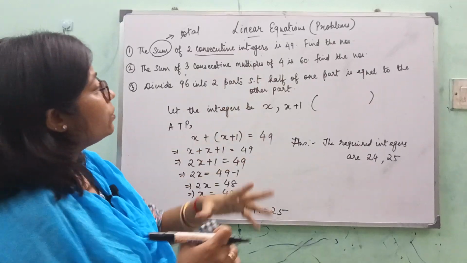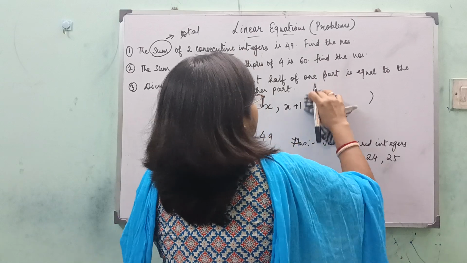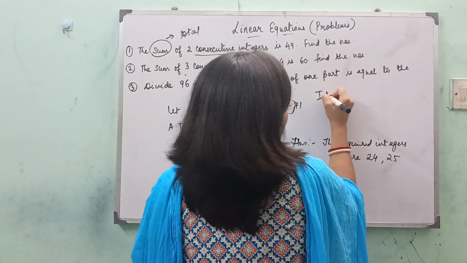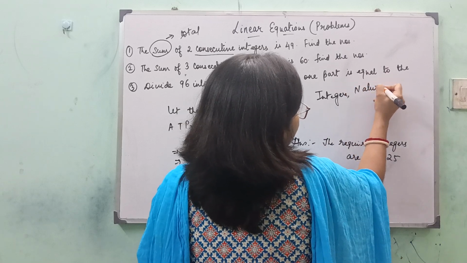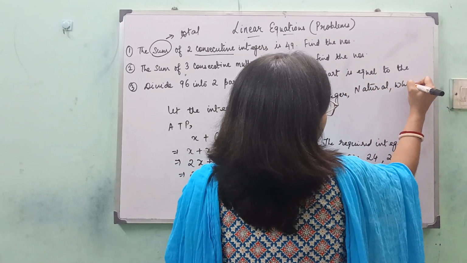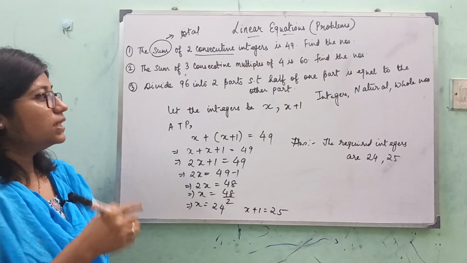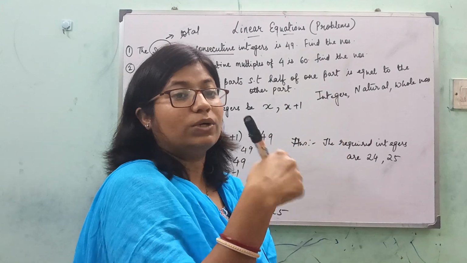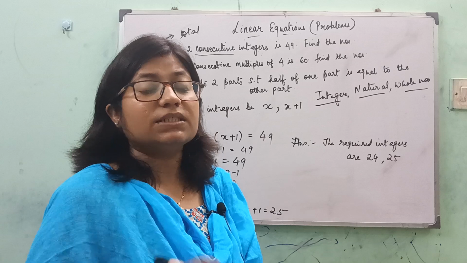So whenever consecutive integers, now please remember, when do we consider x, x plus 1, etc.? When we are asked to find consecutive integers, consecutive natural numbers, whole numbers. For these cases we consider x, x plus 1, x plus 2, x plus 3. Why? Because for each of them the consecutive numbers differ by 1.